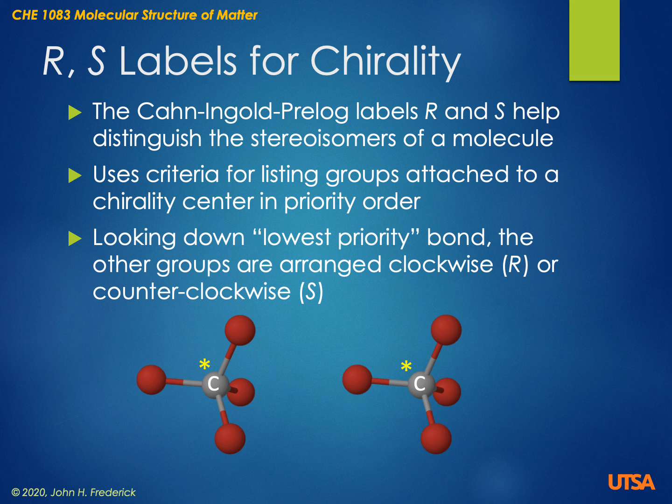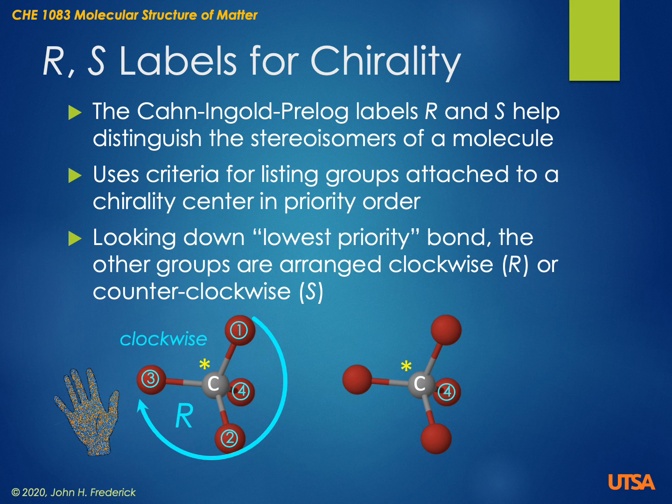So here are 2 chirality-centered carbons, and we're looking down the bond to the lowest priority or 4th priority group that's attached to these carbons. In the first case, the first 3 priorities are arranged like this, and we can see that as we go around from 1 to 2 to 3, we're moving in a clockwise fashion, so this would get an R label. In the other one, we have them arranged in this order.